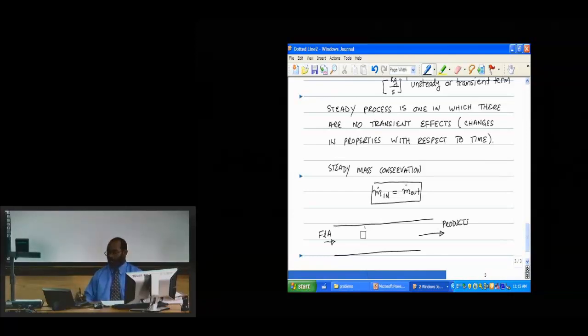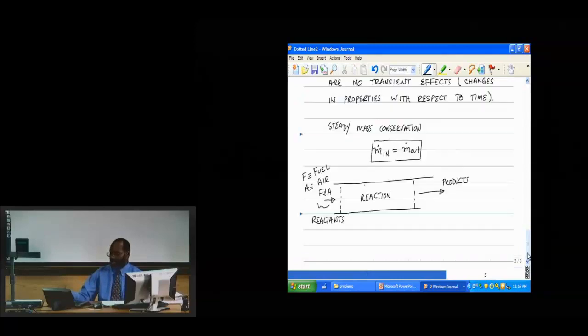And you say, okay, well, what does that tell me? So there's a reaction process that takes place here. There's a conversion of fuel and air. So F is fuel, and A represents air. We can generally call the fuel and air our reactants. So we have reactants that are converted to products, and mass conservation has to apply.